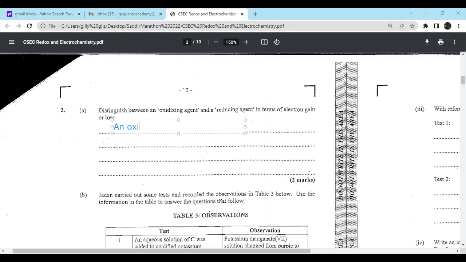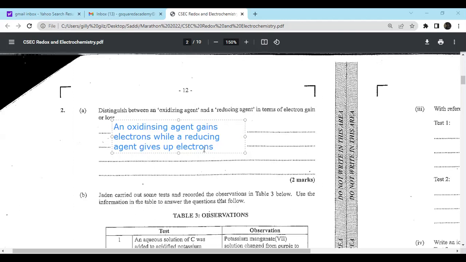So an oxidizing agent gains electrons while a reducing agent accepts, or rather gives up, electrons.